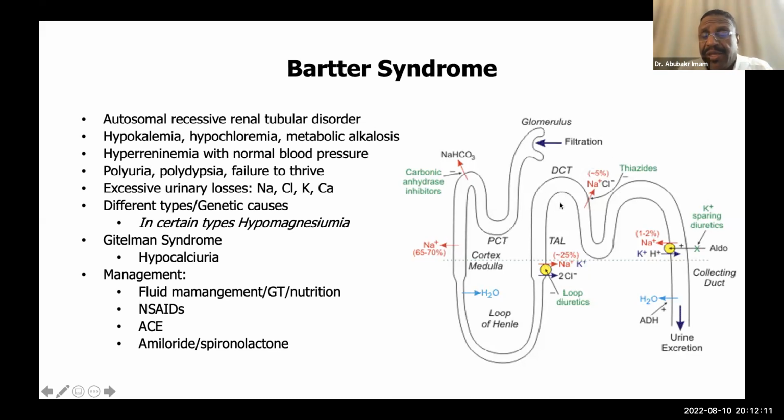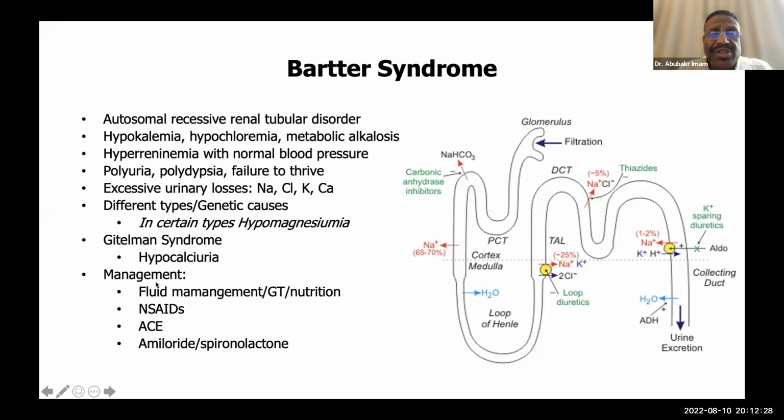These patients can be older in age, and sometimes even adulthood can have presentation of Gitelman. But the most important part is that there is hypocalciuria in these patients.